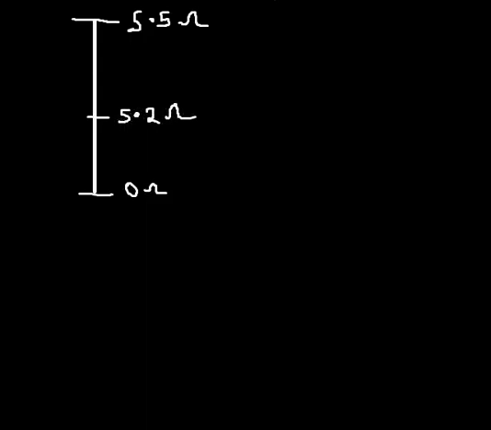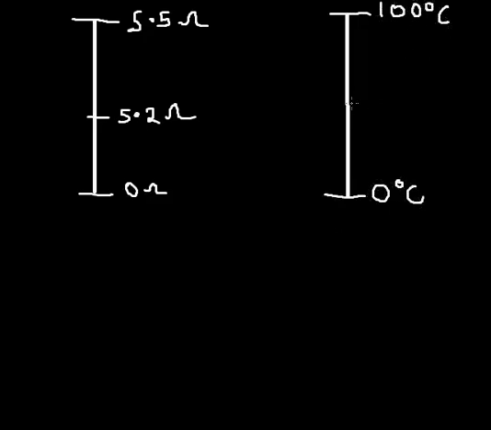All right, so draw my scale for the Celsius, which of course lower fixed point is 0 degrees Celsius, upper fixed point 100 degrees Celsius. Temperature equivalent to that, I can still call it theta degrees Celsius.